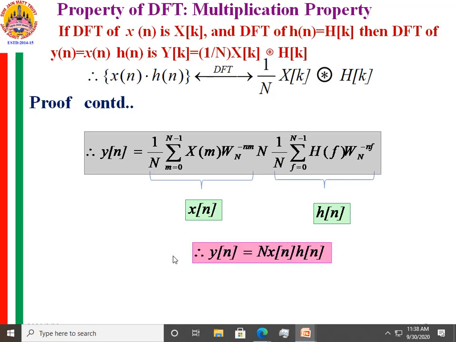These are very important properties and the proofs are very important. If you have any query, you can ask. Is it clear to you?